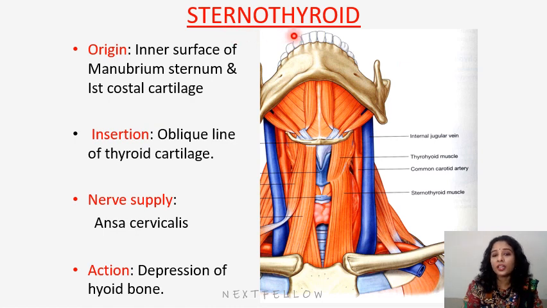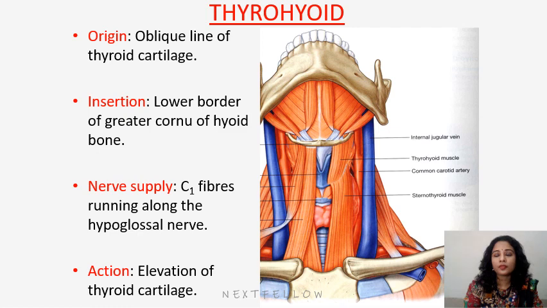Next is sternothyroid. Sternothyroid is a second layer muscle which gets origin from the inner surface of sternum, that is the manubrium, upper part of the sternum, and inserts into the oblique line of thyroid cartilage, and it is also supplied by Ansa cervicalis, and it also causes the depression of hyoid bone. Next, thyrohyoid.